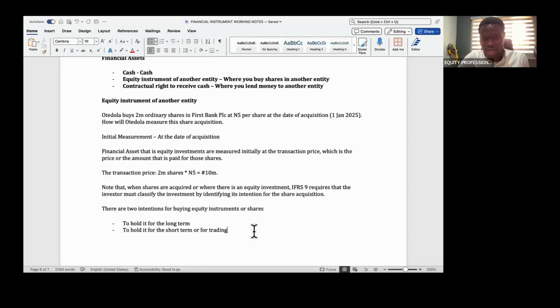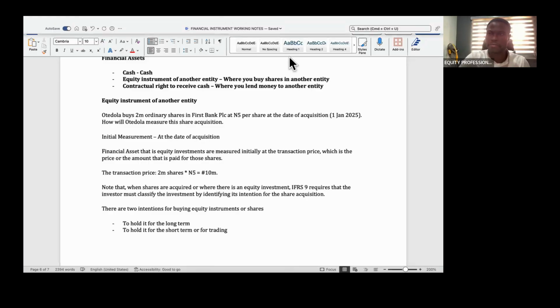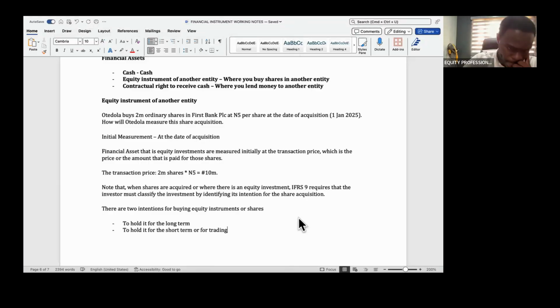For buying shares, you can decide to sell it anytime. So for that reason, it's important we have that information about what you want to do with these shares. Are you buying it for speculation or for the long term? So that when we are reviewing your account, we can make an appropriate decision on the basis of that information.